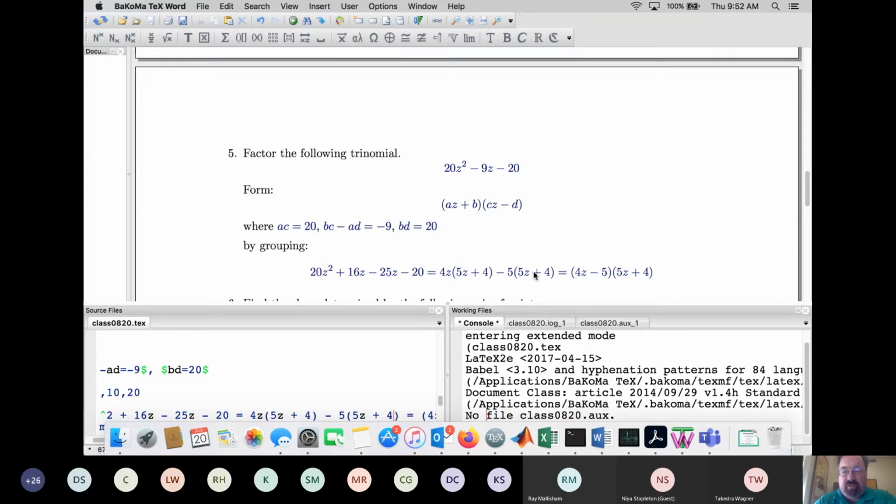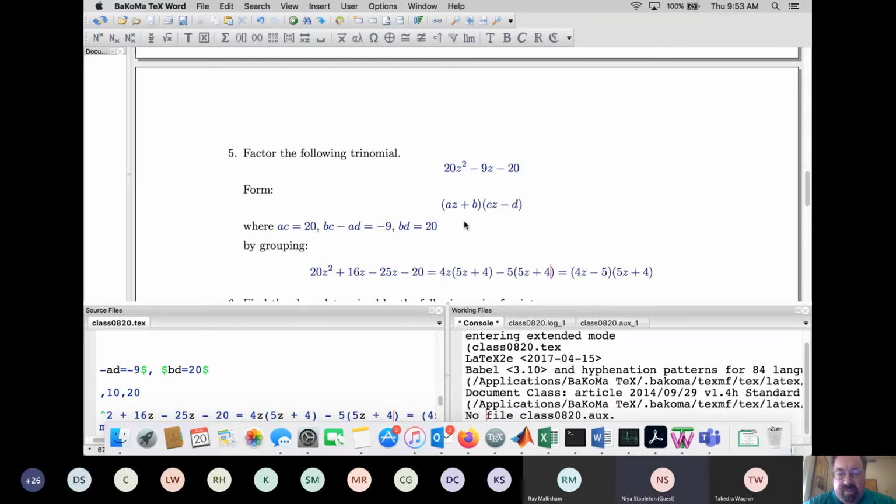So 5z plus 4 is a common factor in this group of terms and this group of terms. So then I could pull that out of all of this. And what's left? 4z minus 5. So that is one way. Admittedly, in both approaches we see here, there is some trial and error involved.